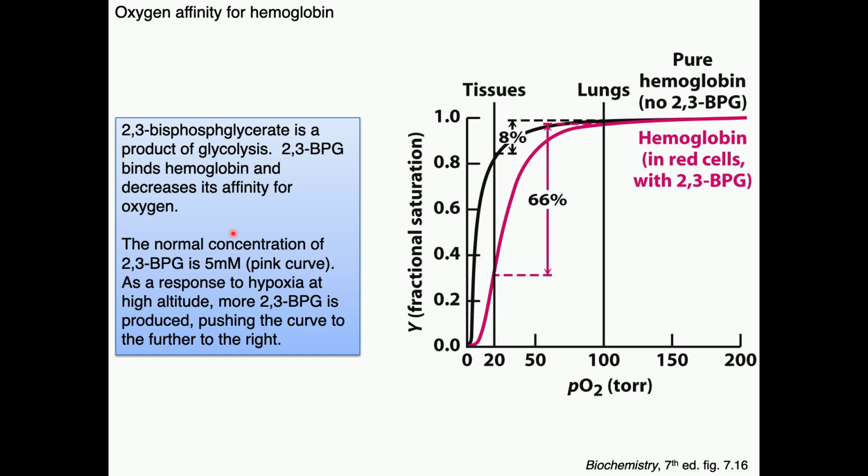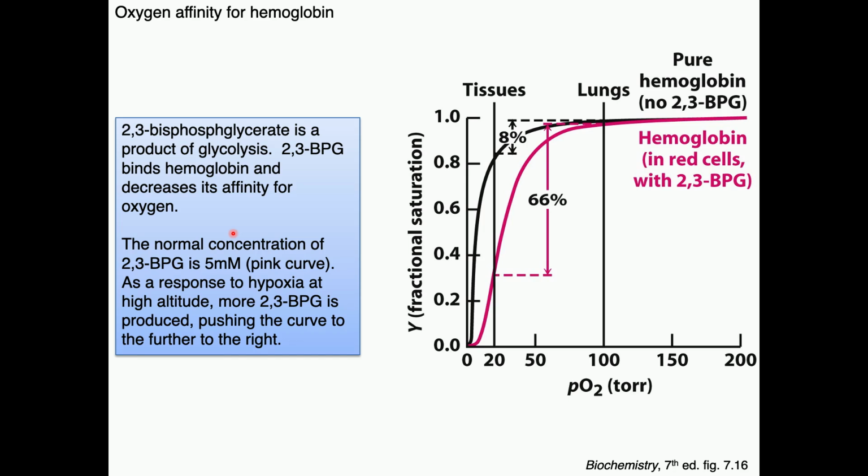So this is kind of a busy slide or hard to understand, but if you look at pure hemoglobin, like in an in vitro reaction without any 2,3-bisphosphoglycerate, that's shown in the black line, and you get a slightly sigmoidal curve down at the bottom end here, but it's almost a hyperbolic curve.